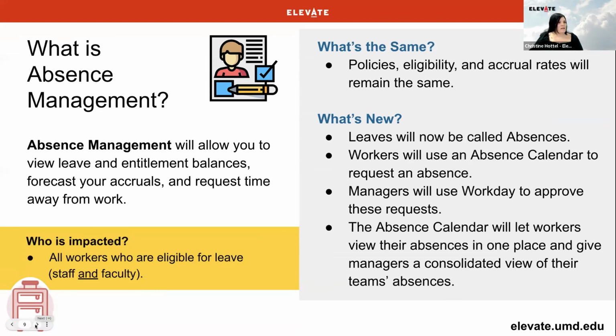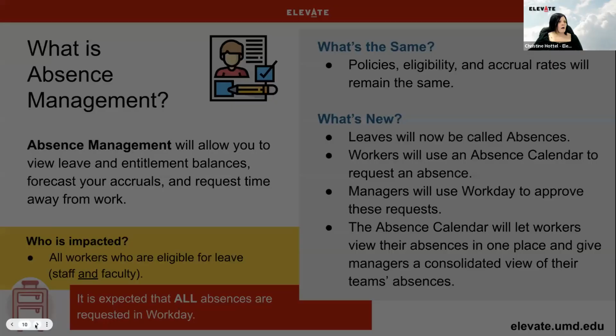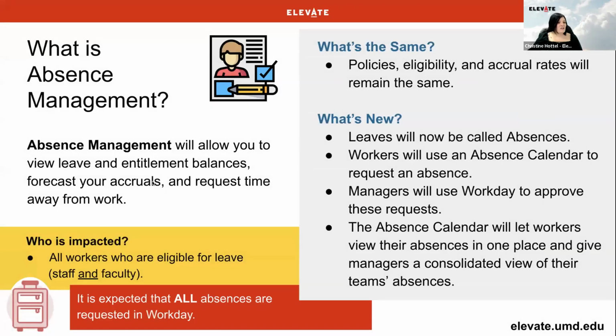Now we're going to use Workday. That's the formal process, and it's going to give us a lot of powerful information. We're using one tool. It's going to help the university make broad and informed decisions, and it's important that the data we're looking at is accurate.